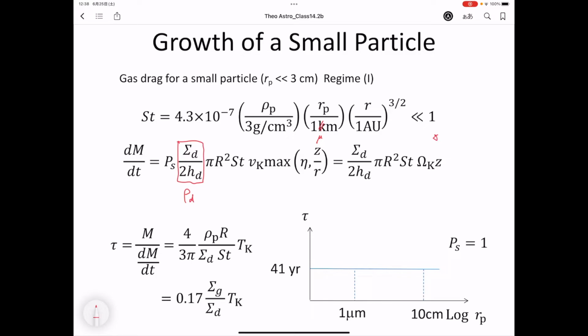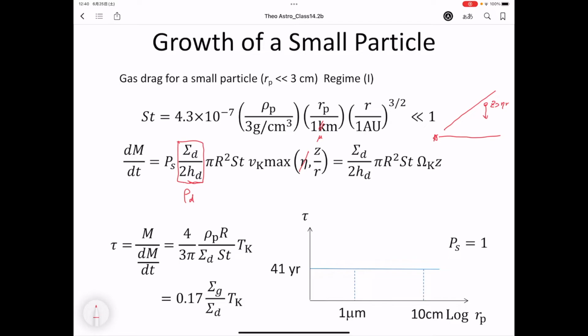So we consider the small particles. This is the midplane. Small particle tries to sink to the midplane. So we consider the situation of g much larger than eta r, so we remove this part, eta.